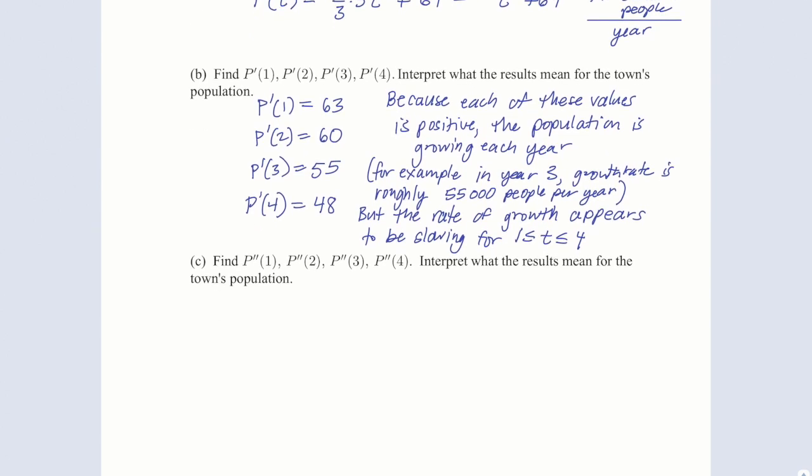So then let's look at the second derivative. The second derivative at any value of t would be -1 times the derivative of t squared, so -2t, plus the derivative of 64, which is 0. And we can think the label for that would be the label for p prime and then divided by years. So thousands of people per year per year.